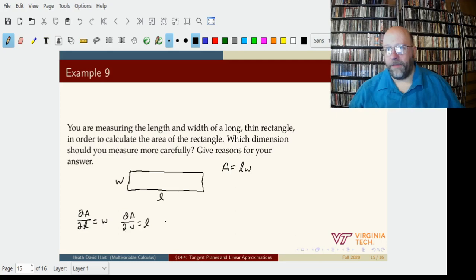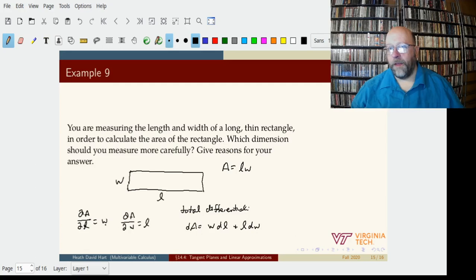And so the total differential is that the change in area is W times the change in length plus L times the change in W.